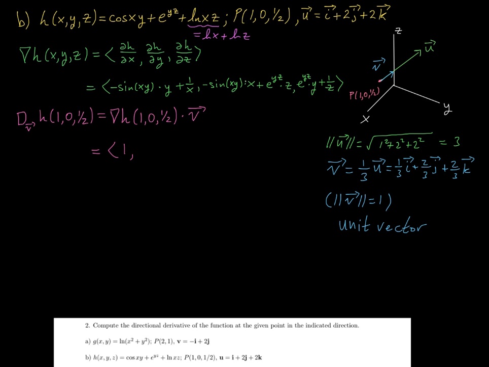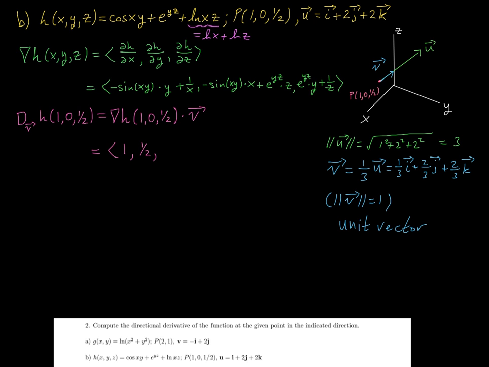So I'm just going to get a 1 there for the i component of the gradient. For the j component, the sine part's still going to be 0 because y is 0. And then I'm going to get an e to the 0, which is 1, times z, which is 1/2. So that's going to give me 1/2 for the j component. And then last up, we have e to the yz times y. If y is 0, that's going to be 0. And then I have 1 over z.